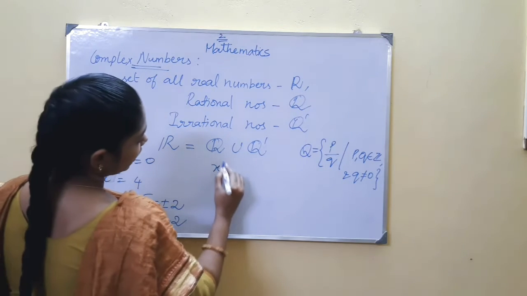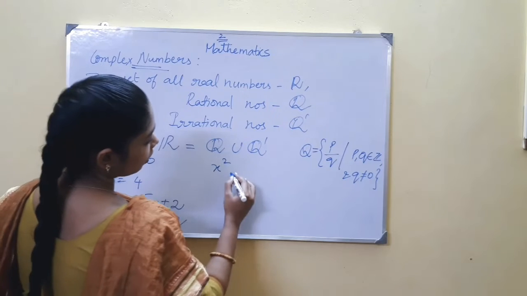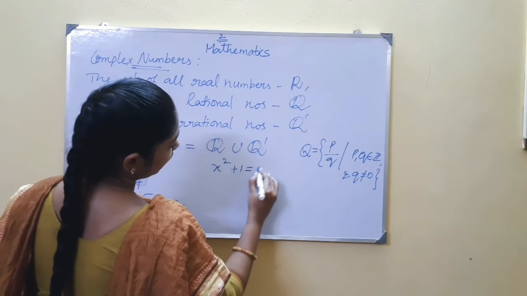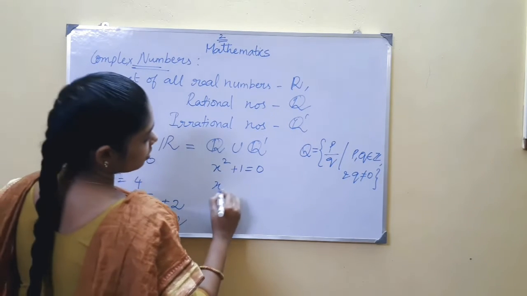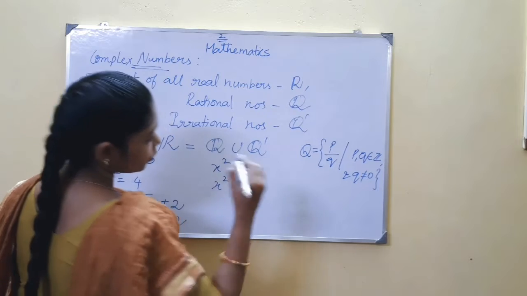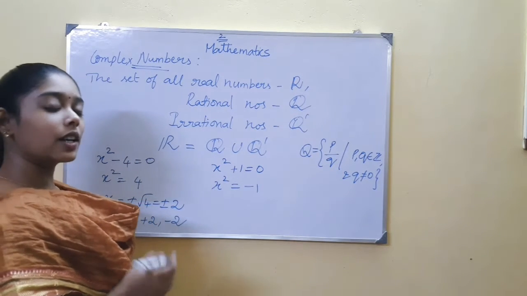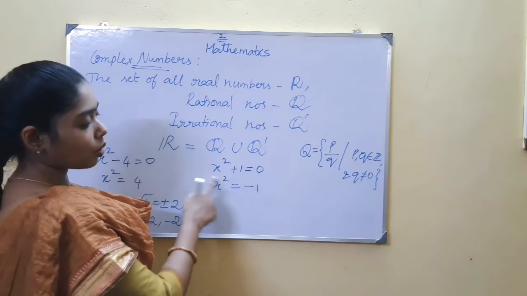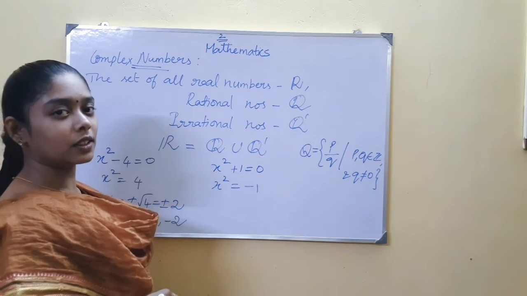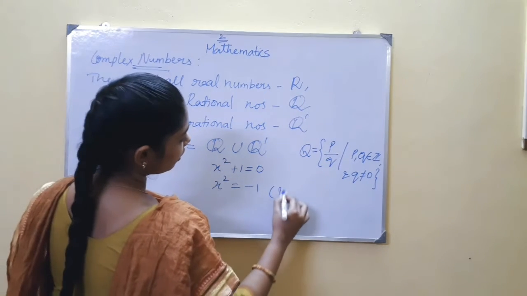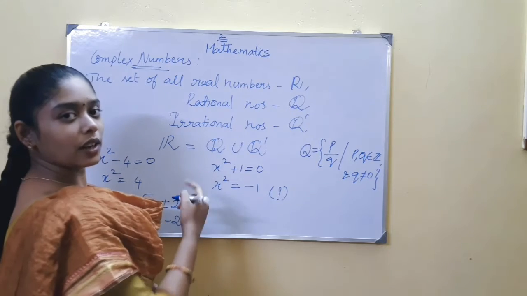If you take the equation x square plus 1 is equal to 0, this means x square is equal to minus 1. Now I ask you one question: whether there exists a real number whose square is a negative real number. A question arises here, no? What must be the x value then?